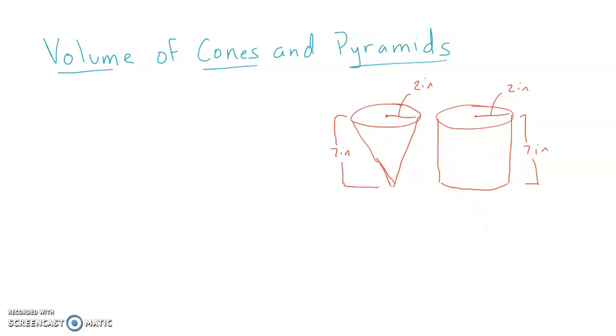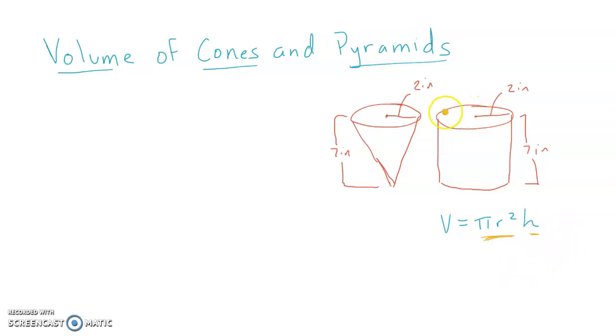If you remember correctly, we found the volume of cylinders already, and the formula to find the volume of a cylinder was volume equals pi r squared times the height. To break that down, what it comes down to is the area of the base times the height.